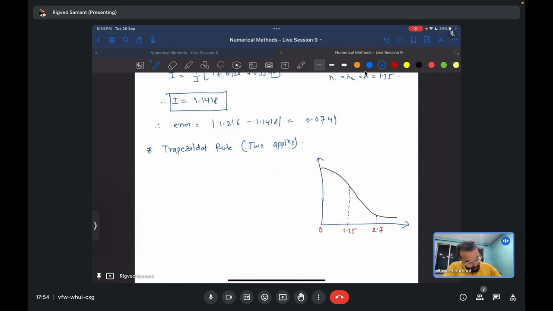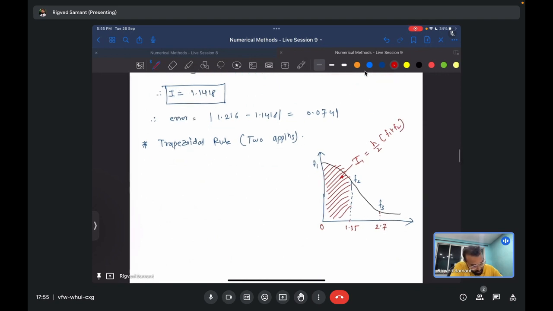Now what you will do is, and this is your f1, f2, f3. So what you will do is, you will first apply trapezoidal rule here. We will call it I1, and this will be h by 2, f1 plus f2.